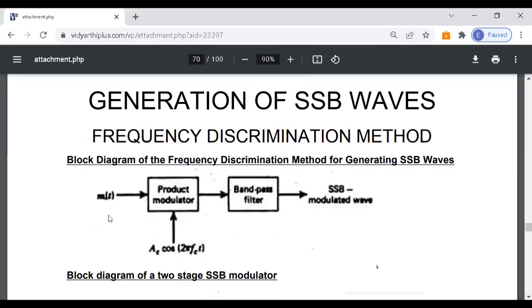This is your information. This is your carrier. And this is your modulator. You put it through your filter to get your single sideband wave.